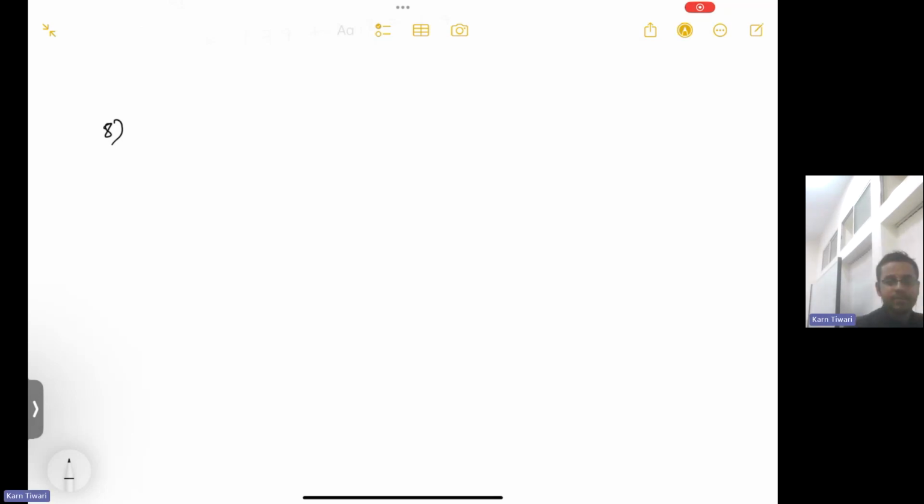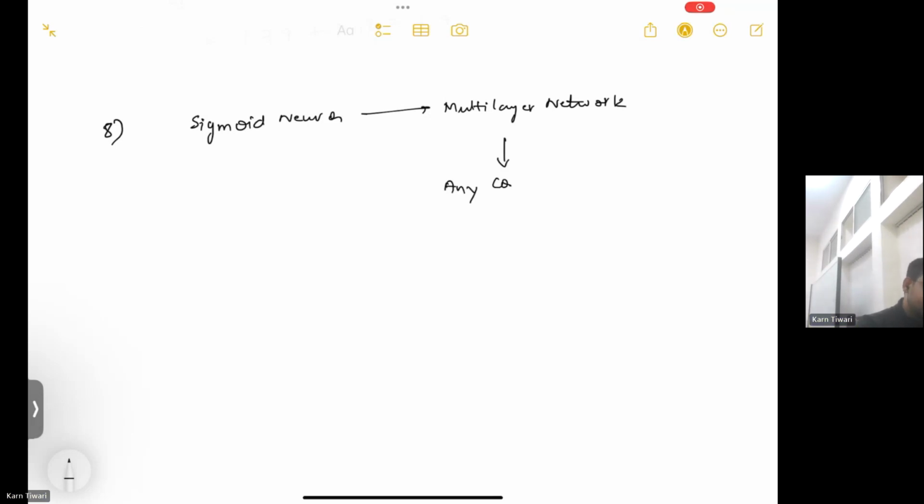The answer is basically the second one. The first one is not about Boolean, it's about any continuous function. With sigmoid neurons, you make a multi-layer network, and then you can approximate any continuous function.